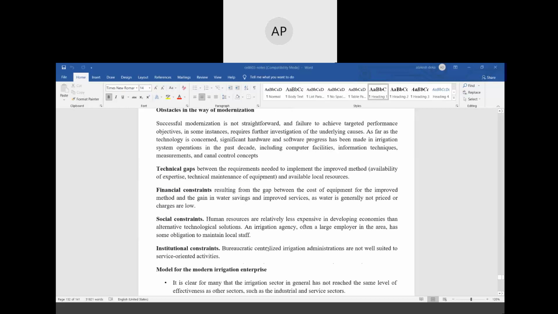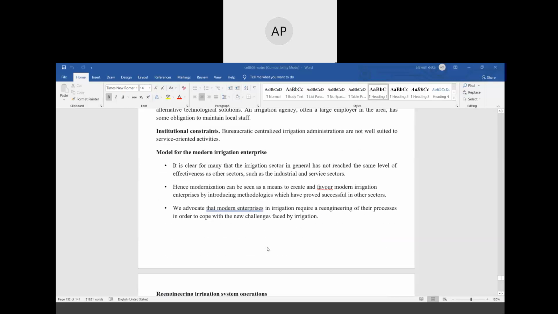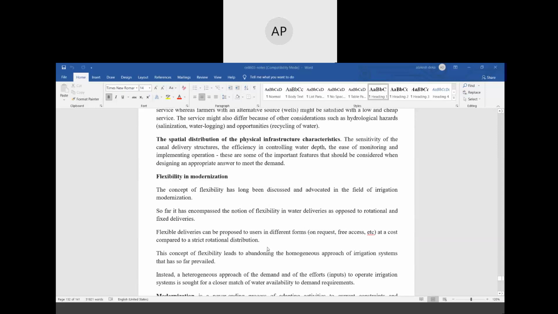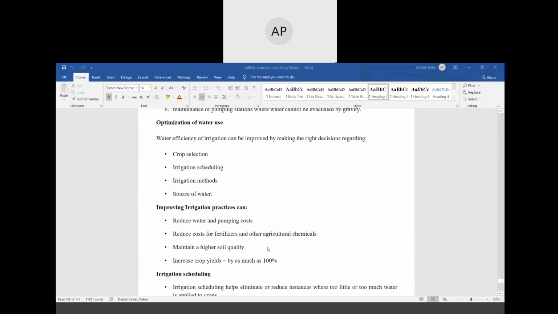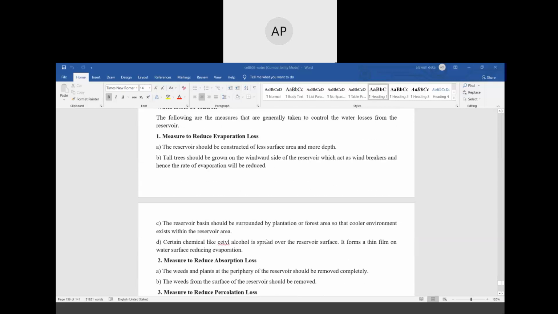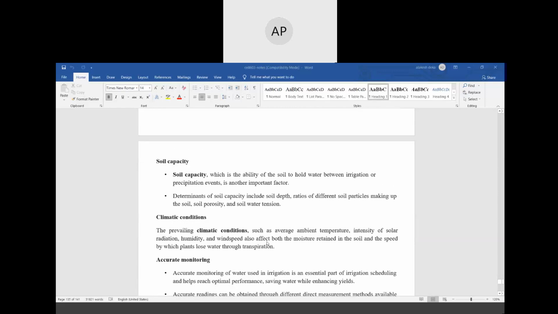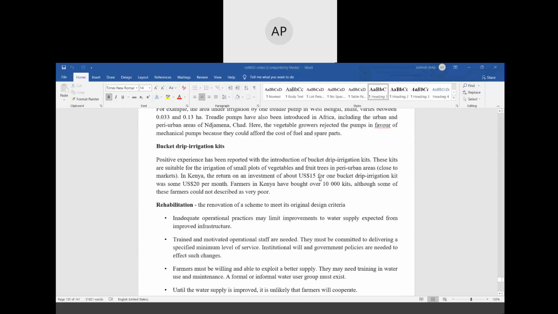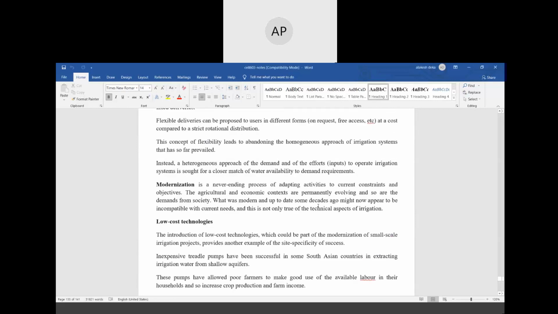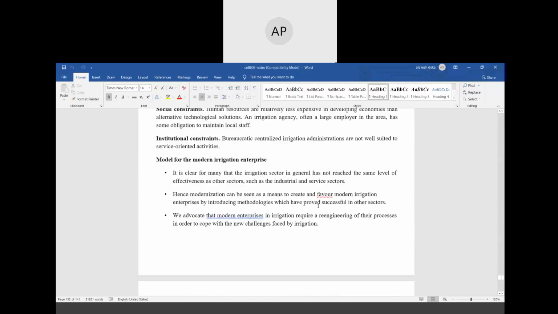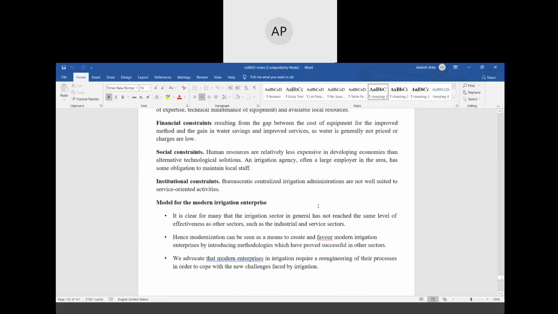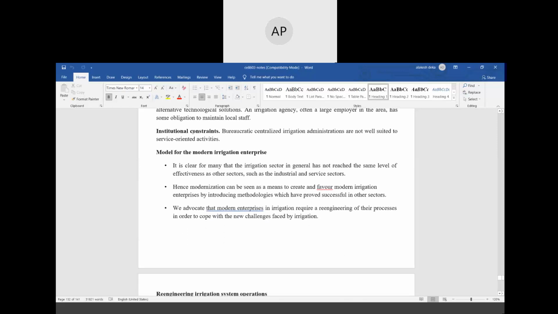And methods of modern irrigation enterprise. Model for a modern irrigation enterprise.